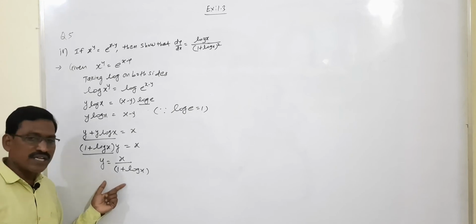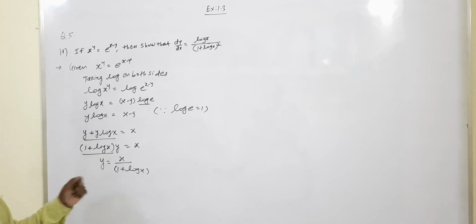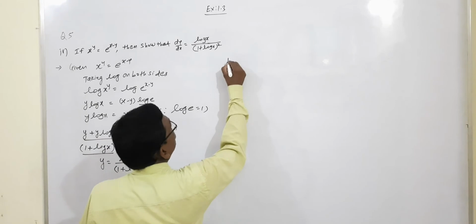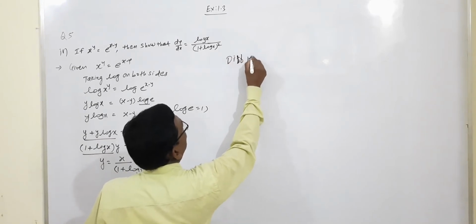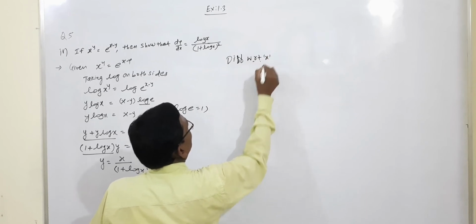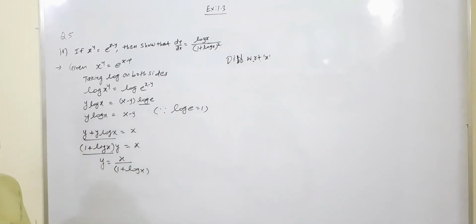Now we differentiate these terms with respect to x. Here we use the u by v rule of derivative.